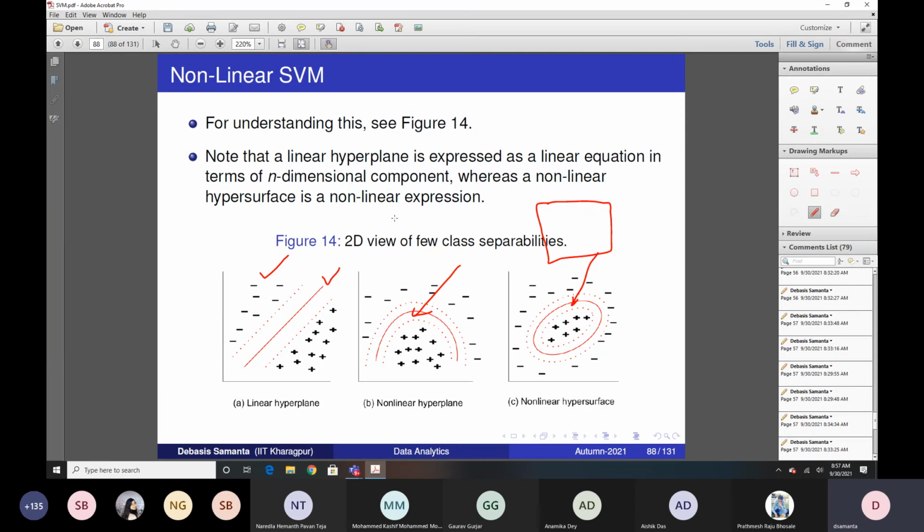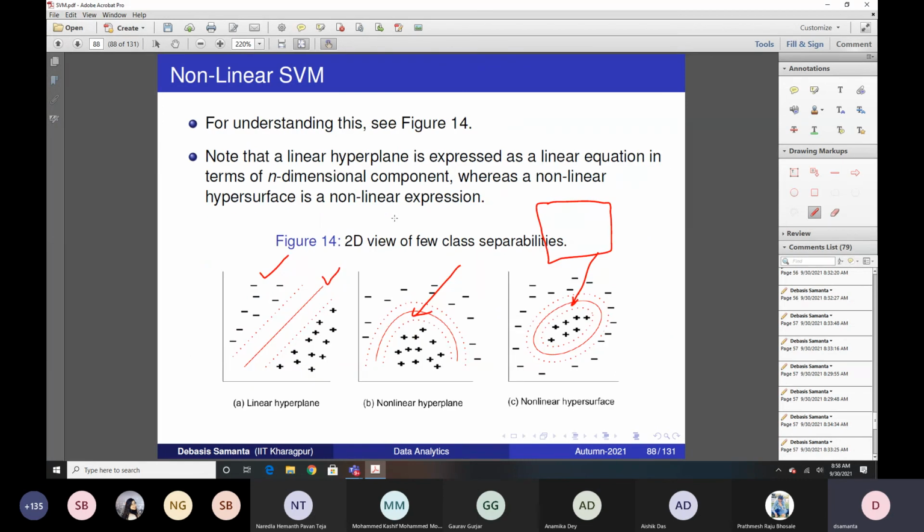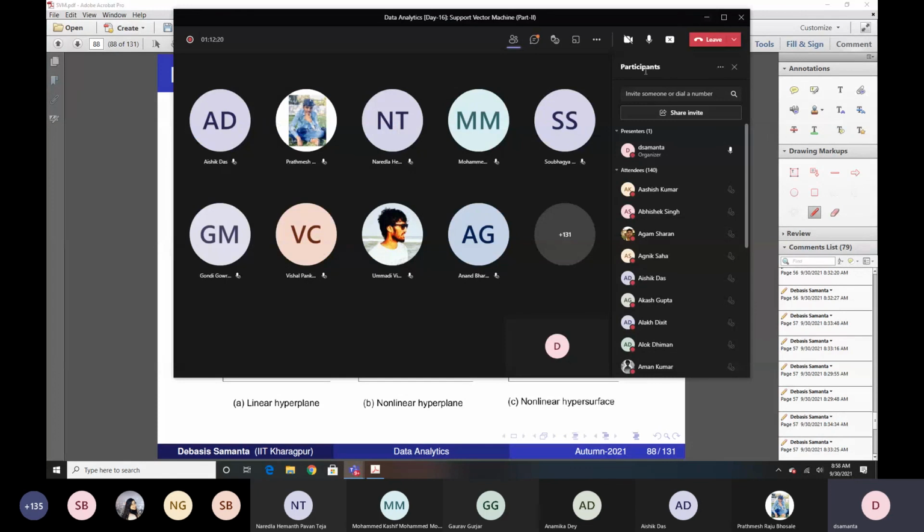So this is not a good solution, but there is a solution which we can find, and I will discuss that from the next class onwards. Next class onwards we shall discuss how the non-linearity can be managed or handled with the help of simple linear SVM itself.